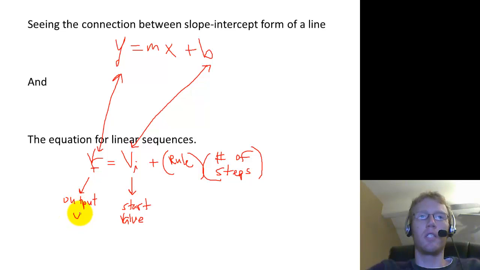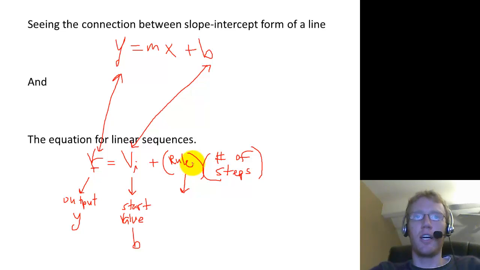So the output is like the y variable. The starting value, we've already said, is the y-intercept, which is b. The rule, we've already said, is the amount that you add each time, which is how much you go up by each time, which is the slope. Okay, which is m.